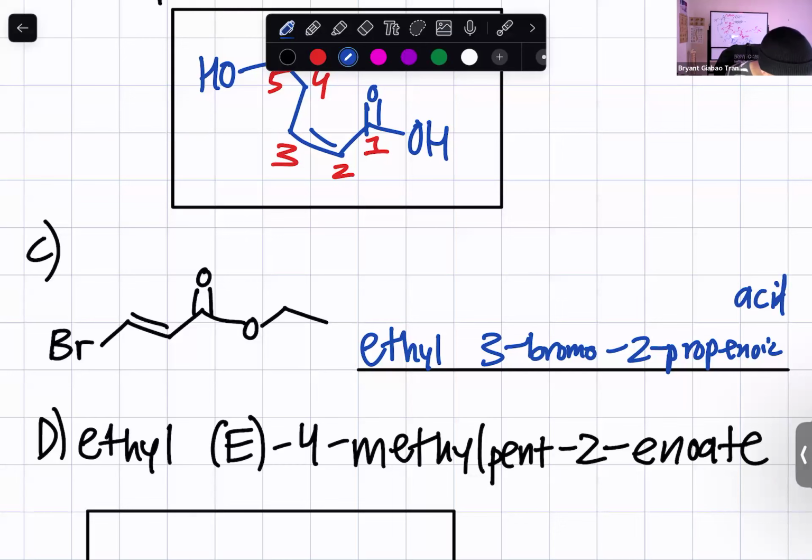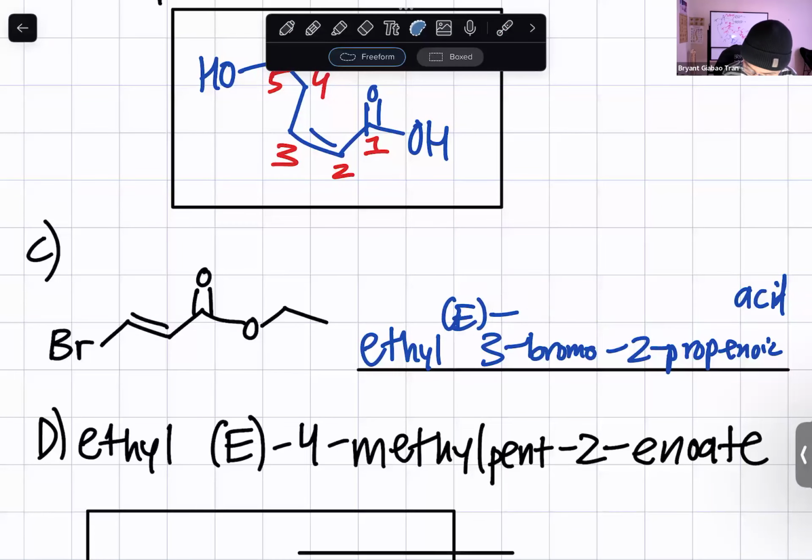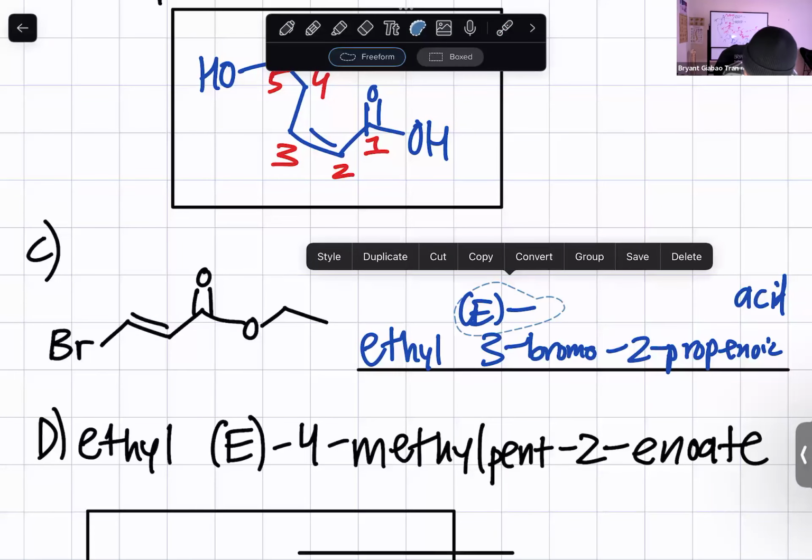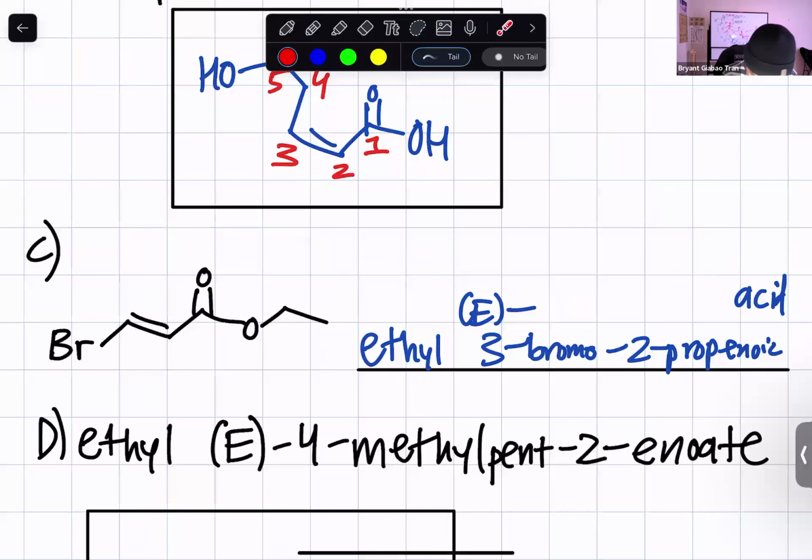Yep, that is correct. The only thing you're missing is stereochemistry. What kind of alkene is this, E or Z? E. Yep, nice, you got it. So don't forget about stereochemistry in this name. Nice.